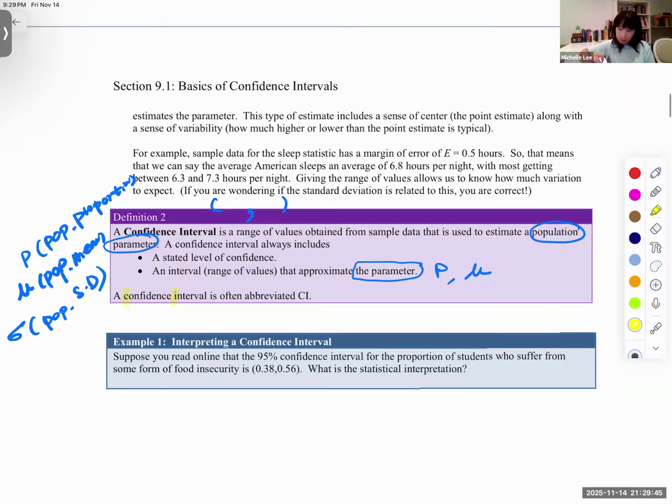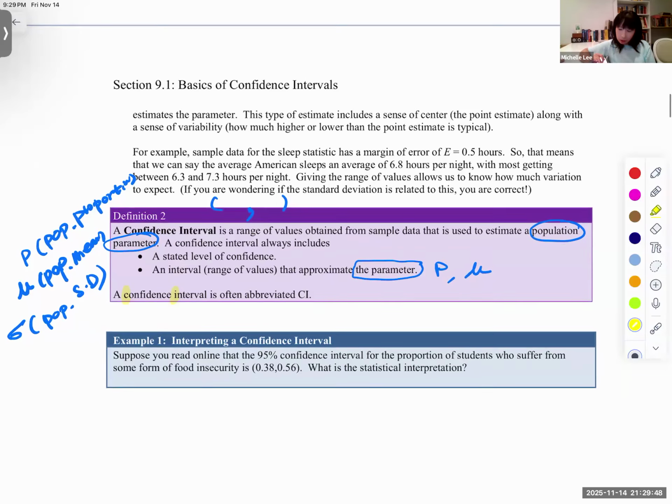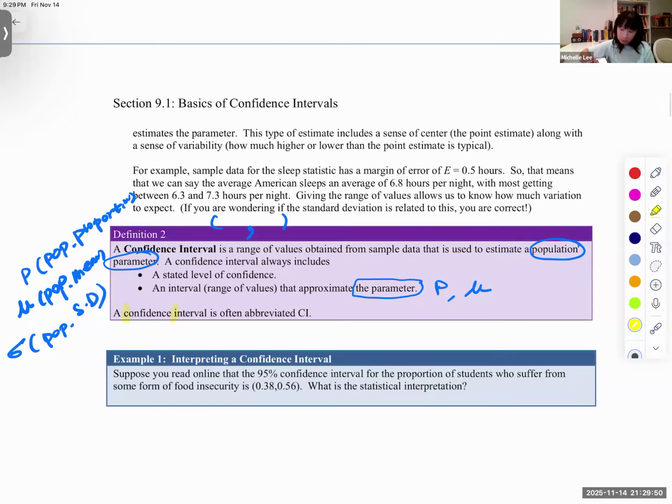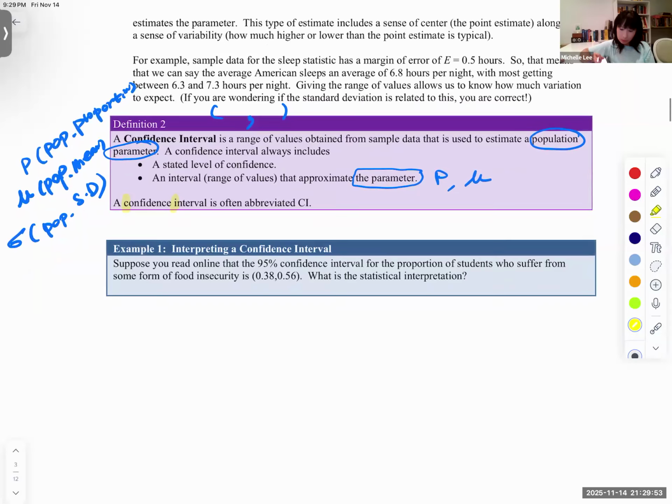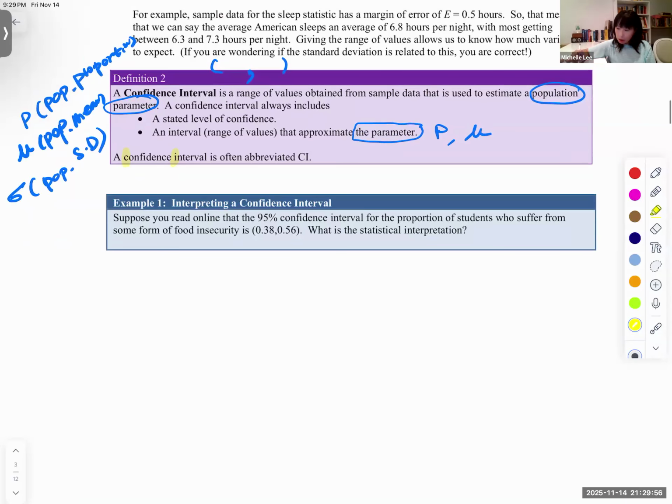So let us do this one. Suppose you read online that a 95% confidence interval for... I want to say the confidence level. We have a confidence level, which is 90%, 95%, 99%. It's a percentage.